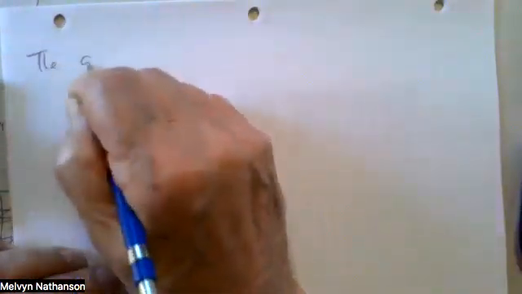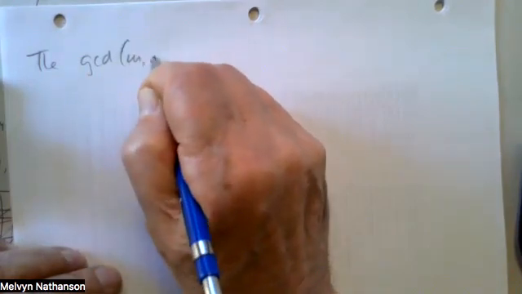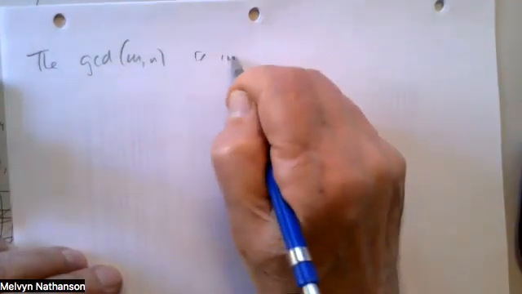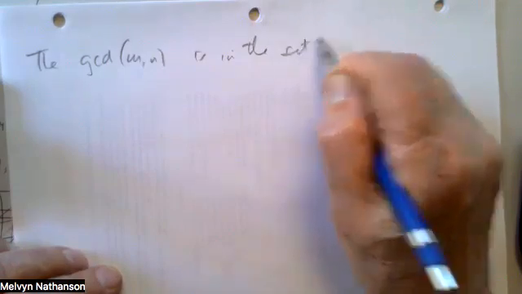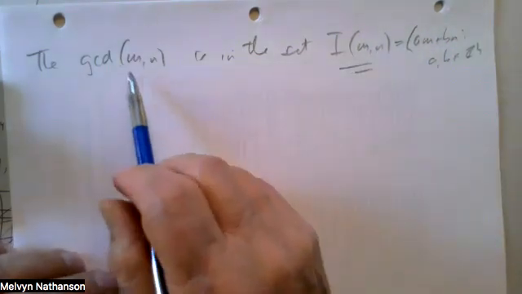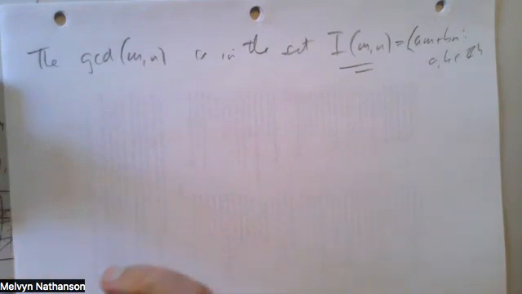So what that tells us is that the GCD of M and N is in the set I of M,N, which is all linear combinations, AM plus BN, where A and B are integers. So this set contains the greatest common divisor of the generating numbers M and N.